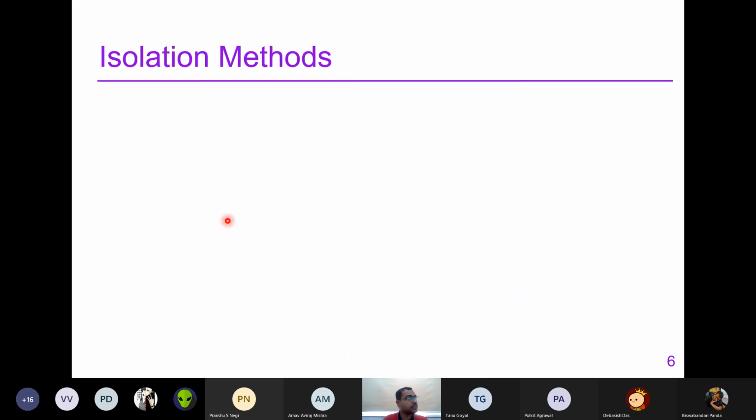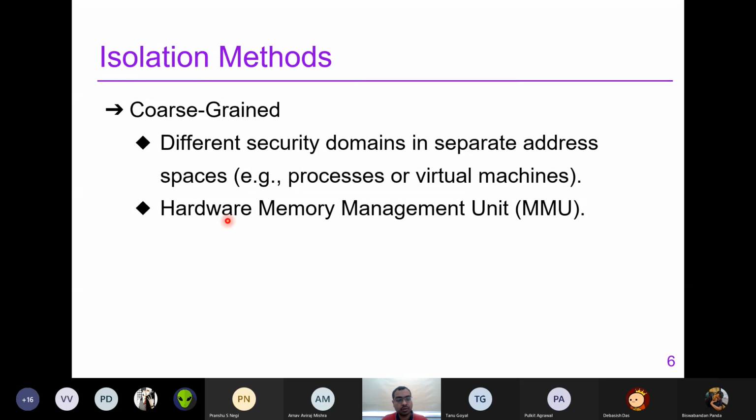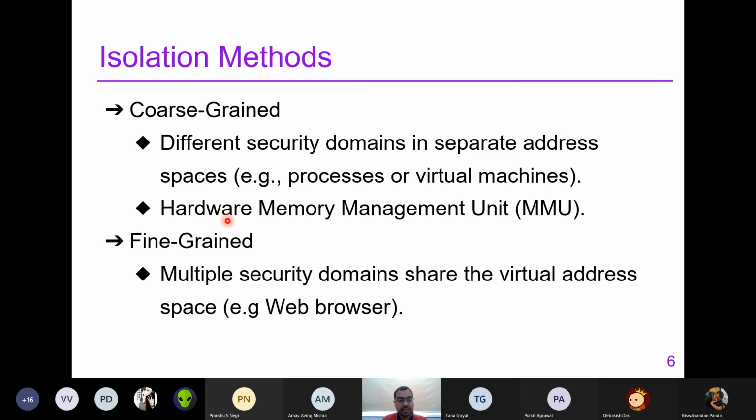Next, moving on to isolation methods. First is coarse grain. In coarse grain, different security domains are separated by different address spaces, like they are completely different processes or running on different virtual machines. Coarse grain is achieved through the hardware memory management unit. The next one is fine grain. In fine grain, multiple security domains share the same virtual address space.